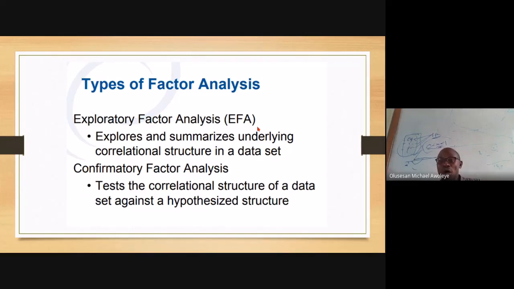So your work must have a hypothesis, especially with factor analysis, for example, that females use computers more than their male counterparts. That's a hypothesis, could be an alternative hypothesis.